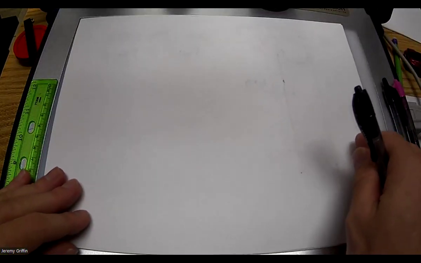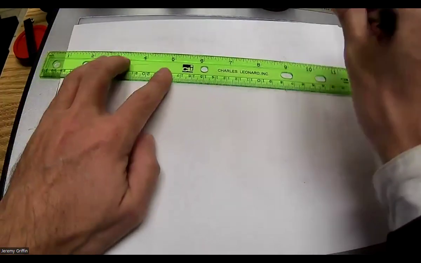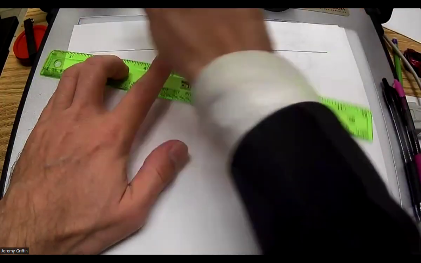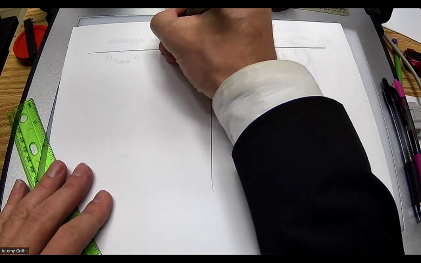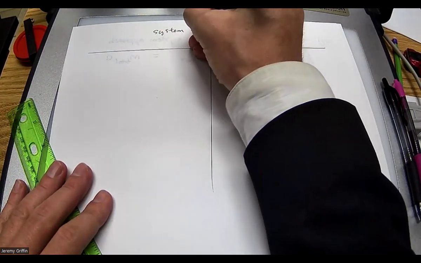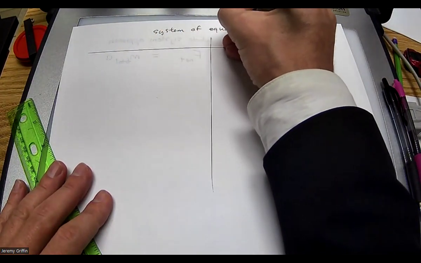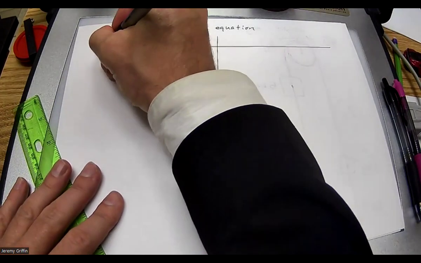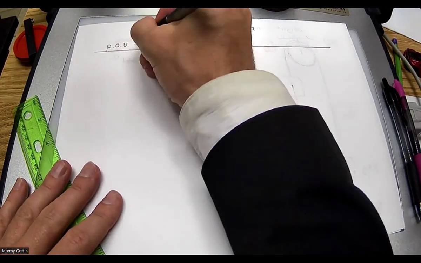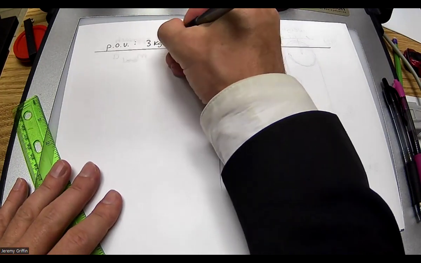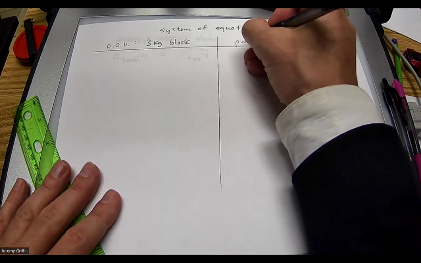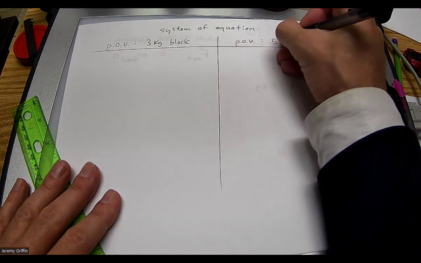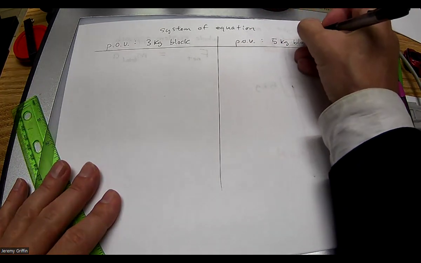The other way you could set this up, which if you take physics in college, you might have a physics teacher that prefers, is the system of equations method. So I'll call this a system of equations. And from there, you can go point of view 3 kilogram block and point of view 5 kilogram block.